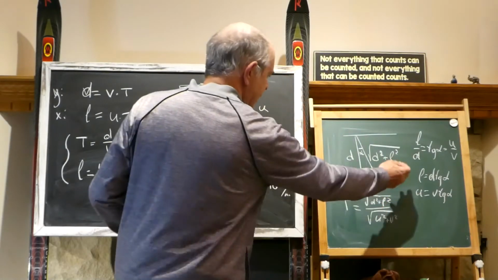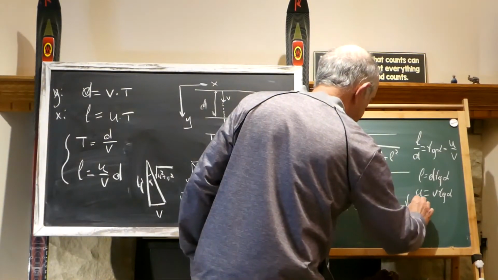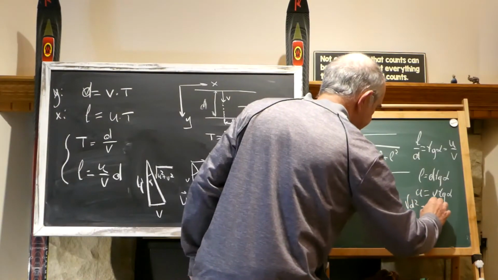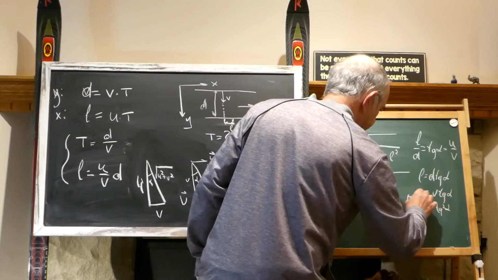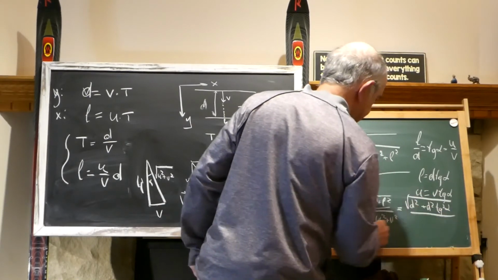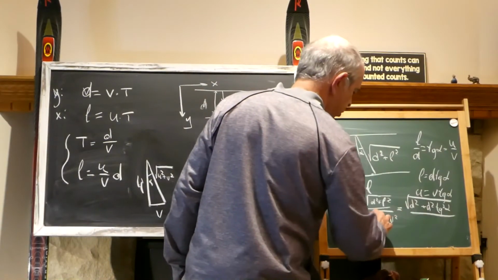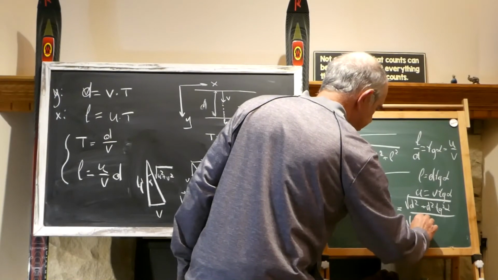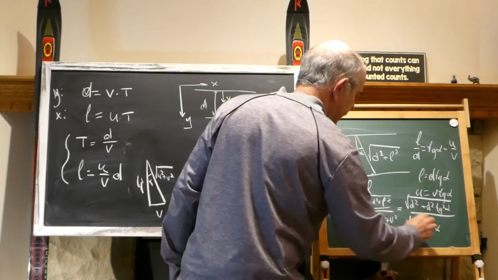And if I plug those L and U here, I will have square root of d squared plus d squared tangent squared alpha. And if I go to the bottom, I type U is V tangent alpha, so the square root is V squared tangent squared alpha plus V squared.